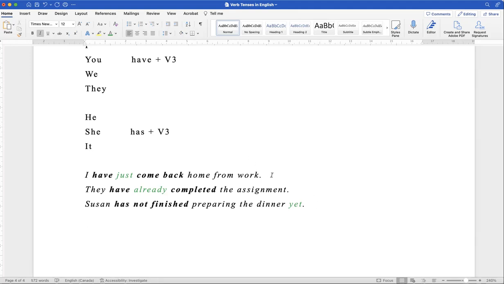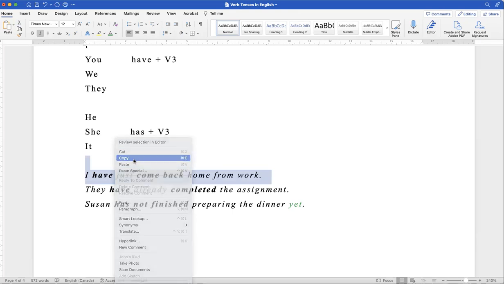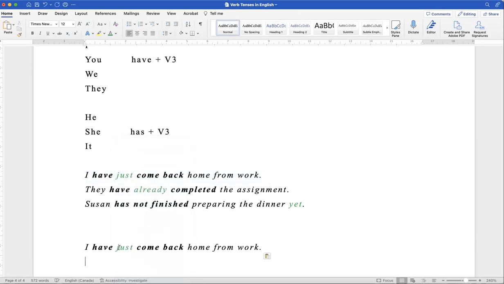So if I write this sentence with a specific time expression in the past, for example, let me write here an hour ago, or let me say 10 minutes ago. Now I cannot use have come back. This will not be correct because I have a specific time point here. And what is that specific time point? 10 minutes ago.